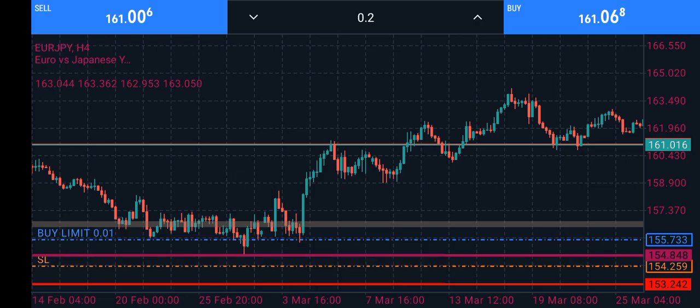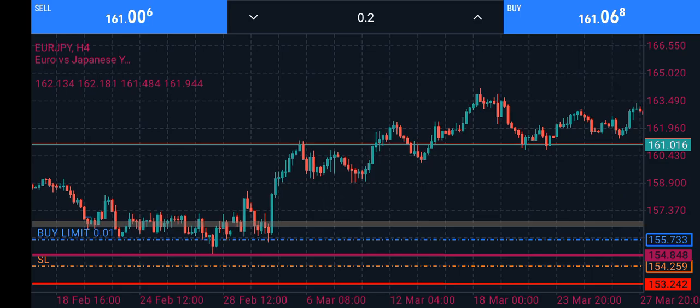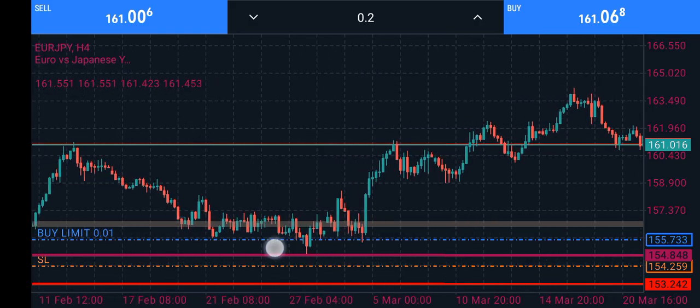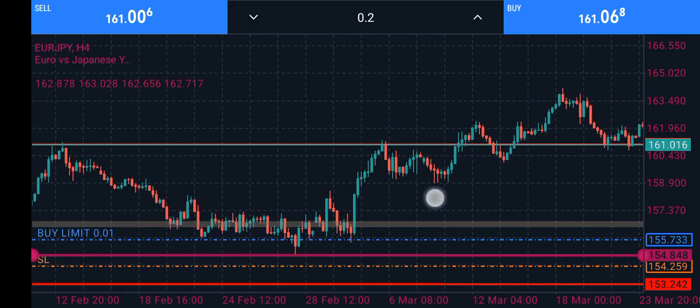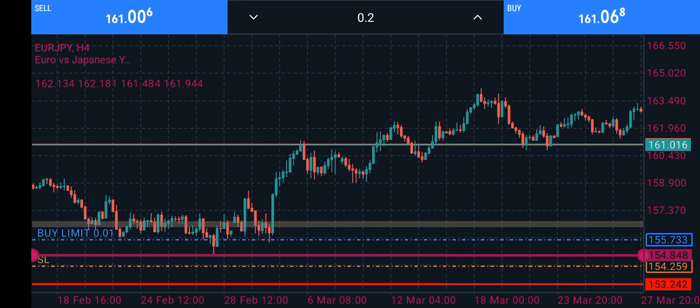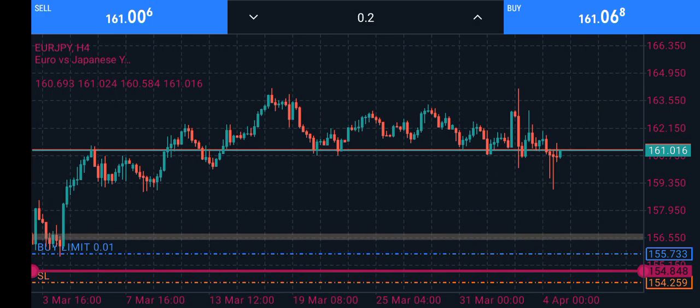If you're placing stop losses, your stop losses shouldn't be within the recent low or the recent wick of the candle. Your stop losses should be below the wick, so that by the time the market retests the liquidity area or the liquidity zone, it will not affect your stop losses.